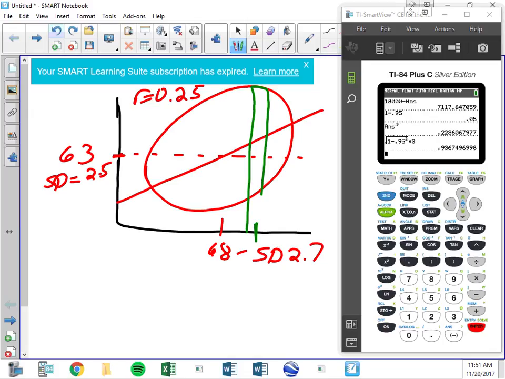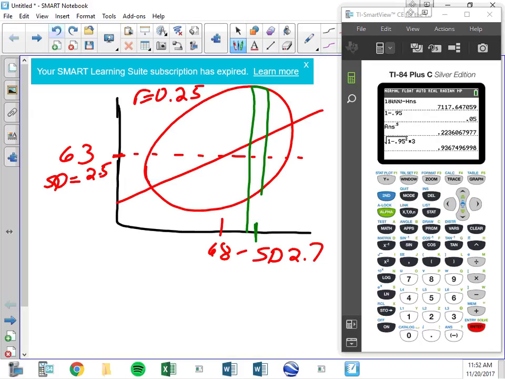So if I look at all of the women, half of them are over 63 inches. But if I eliminate everybody except for this particular group, tall husbands tend to have tall wives. So if the men are 72 inches tall, we would expect their wives to be above average.